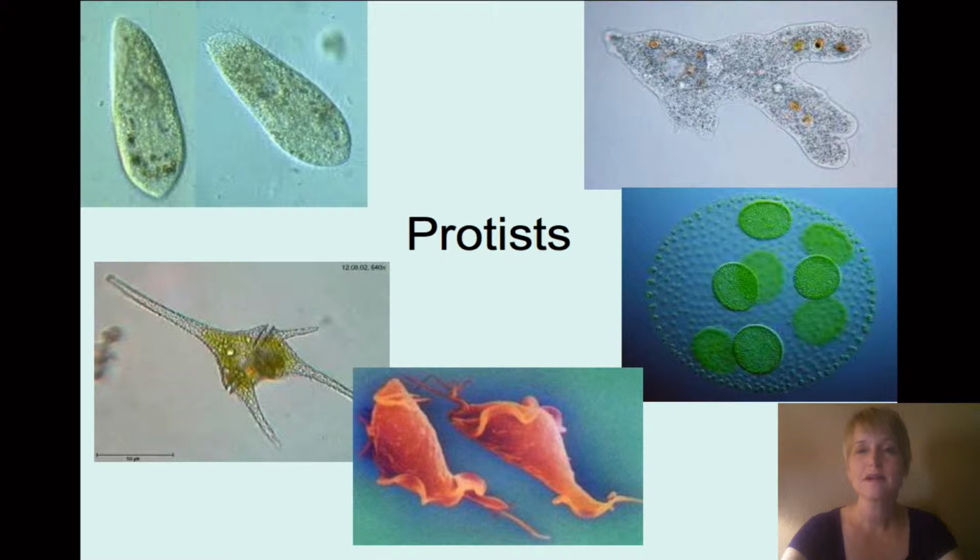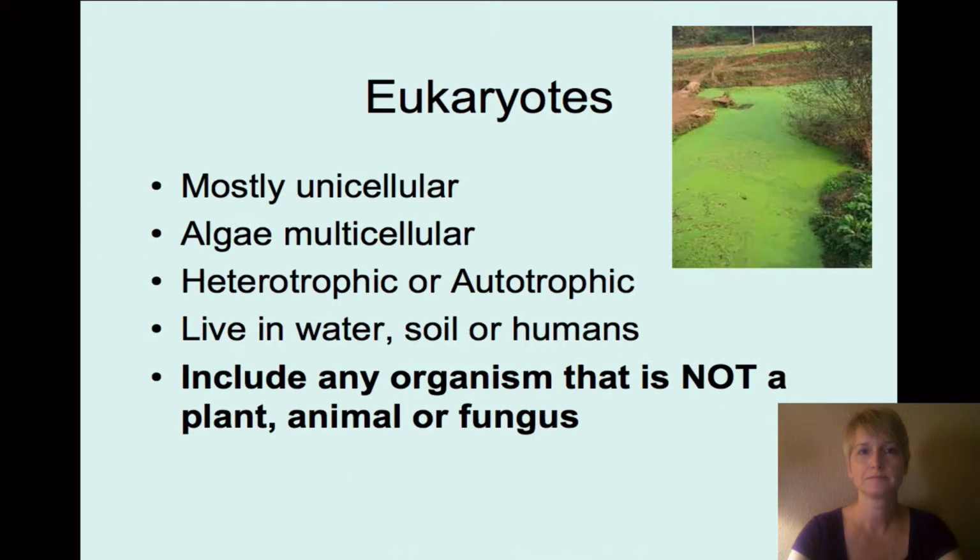Okay, another kind of microbe that we're going to talk about, these are protists. And protists are oftentimes one-celled organisms, but they can be multicellular. So some algae are protists, and they are multicellular protists.